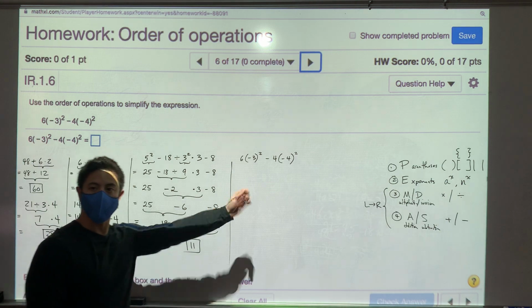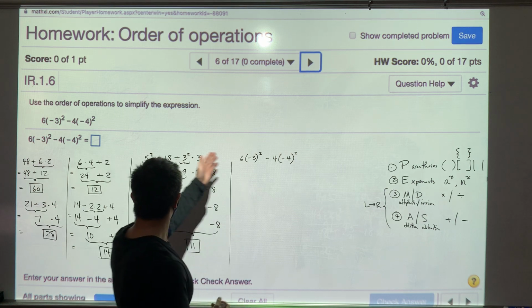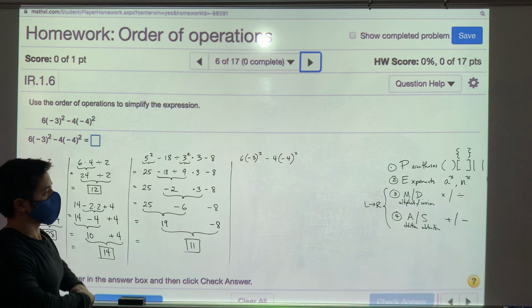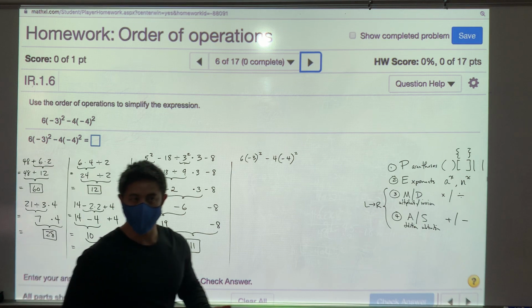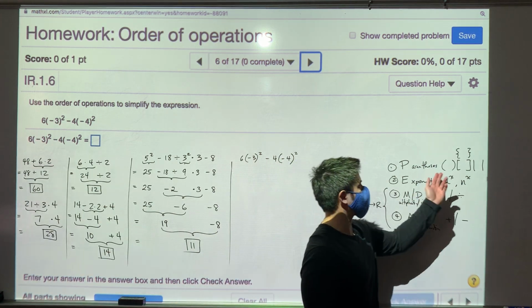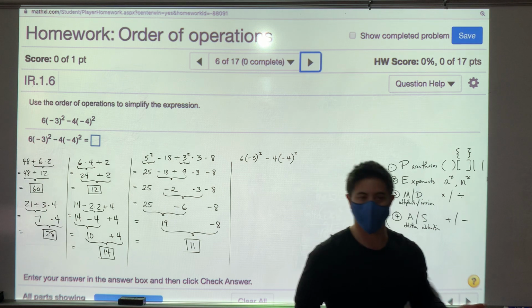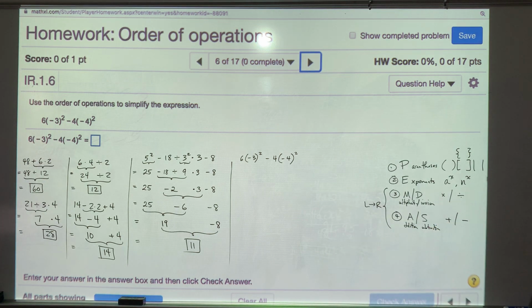Well, we see some parentheses. For the first time out of our previous problems, we see parentheses. However, these parentheses aren't the type of parentheses that I'm really referring to. When I'm talking about parentheses in this first step, it's actually stuff inside the parentheses that can be worked on.